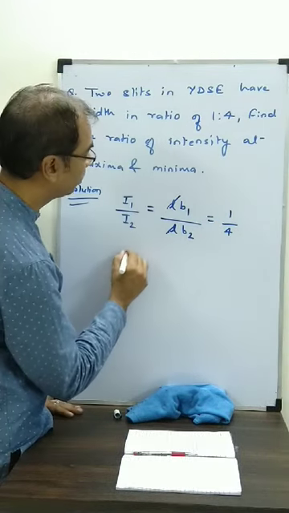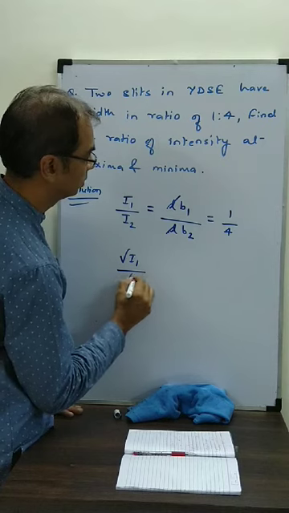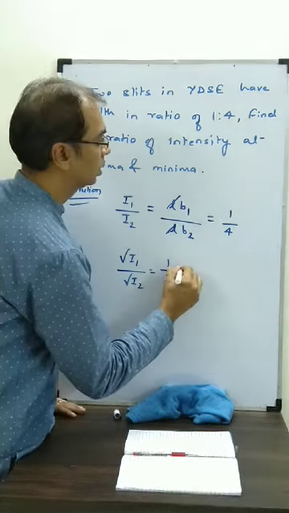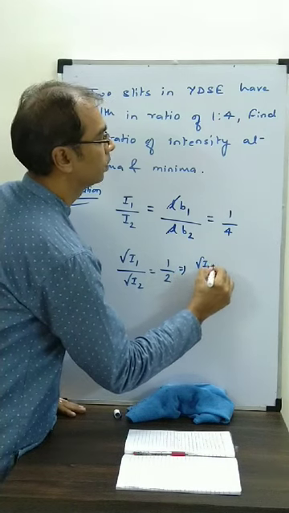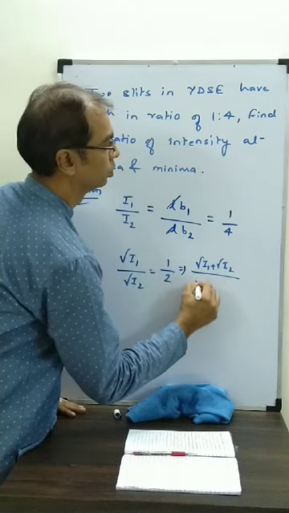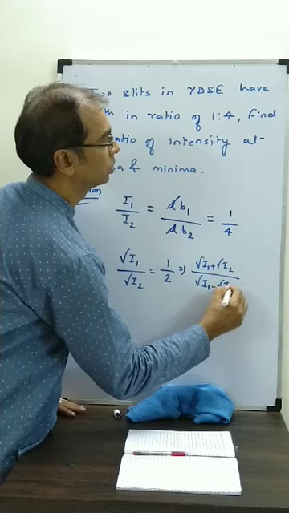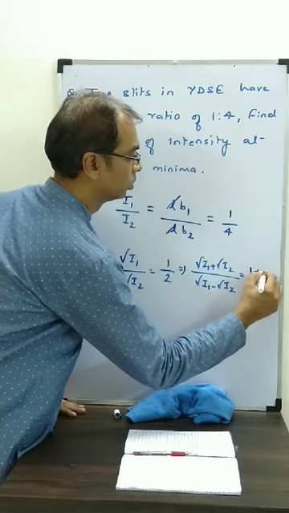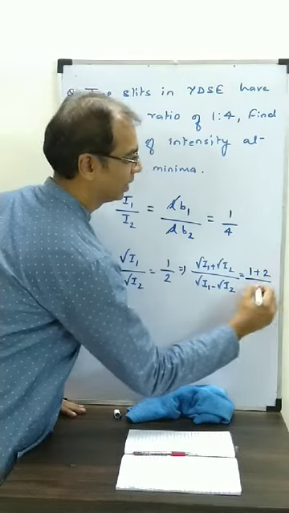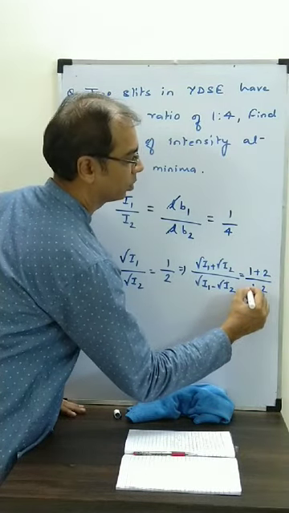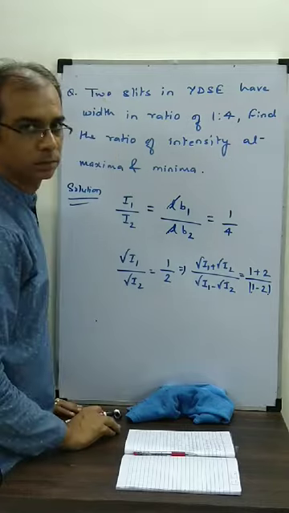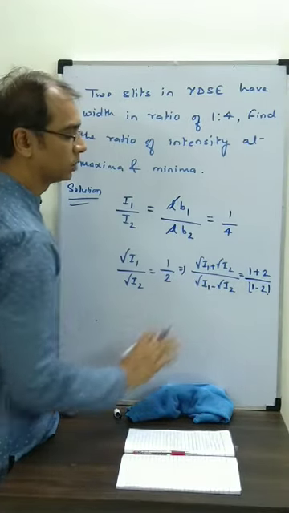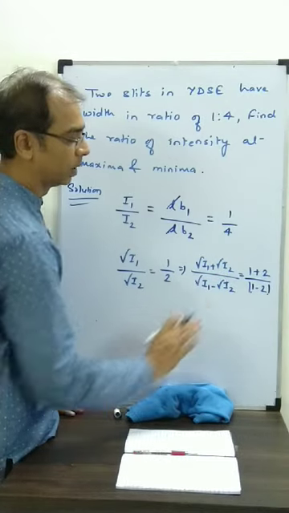So root I1 by root I2 is 1 by 2. Then root I1 plus root I2 by root I1 minus root I2: componendo and dividendo, that means 1 plus 2 and 1 minus 2, but here we are not looking for the sign. So we are getting 3 by 1.